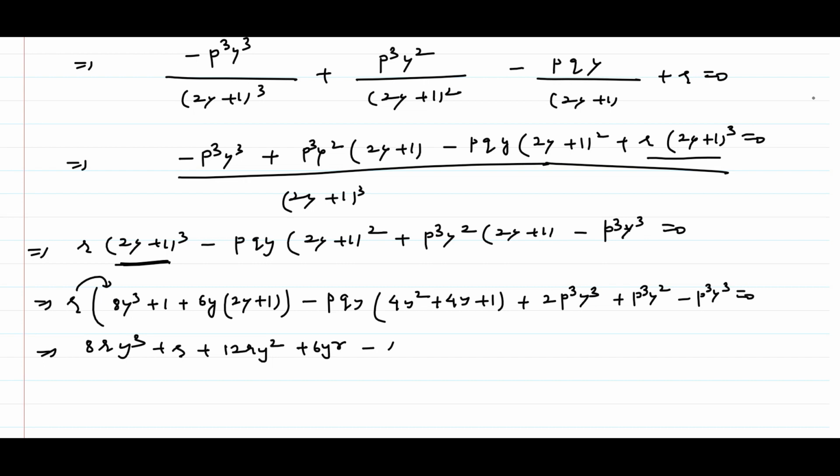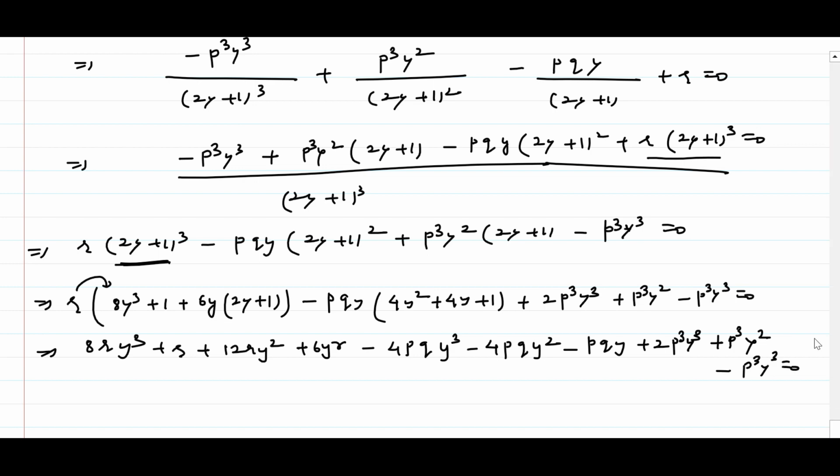Here will be 4 times of p cube y to the power 3 negative 4 times of p cube y square negative p cube y plus 2p cube y cube plus p cube y square negative p cube y cube is equal to 0.